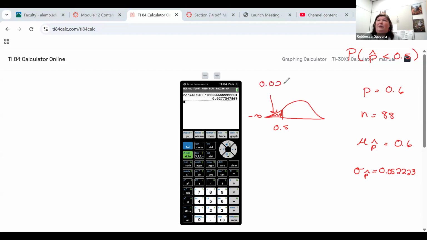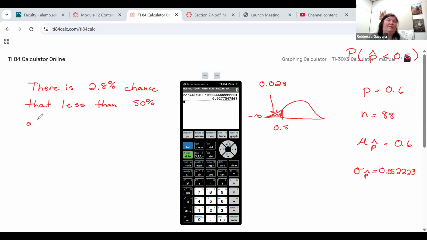This is 0.028 approximately. So there is a 2.8% chance that less than 50% of your voters out of a group of 88.